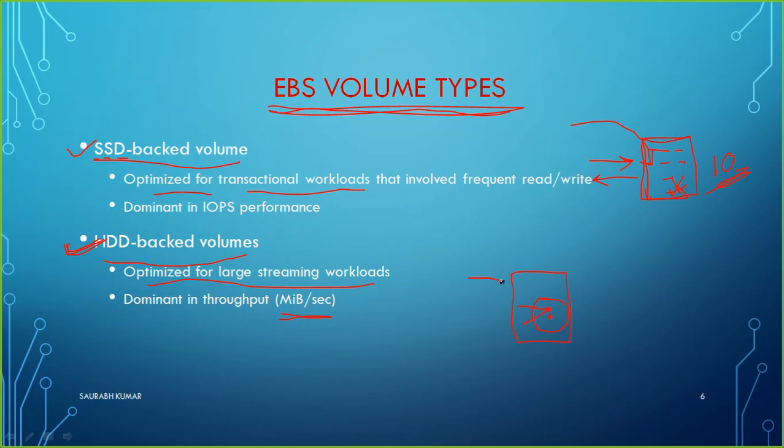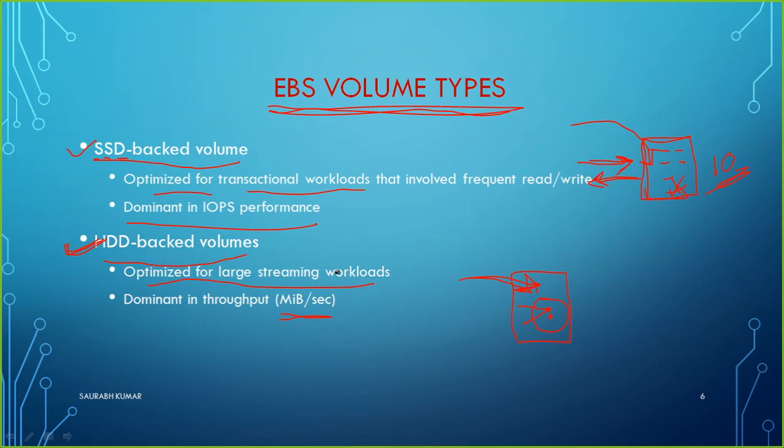If you have a large storage, large streaming workload, then you prefer the HDD one. SSD is dominant in IOPS performance, input output per second. So if you want a hard disk where the input output should be very fast, maybe you are doing analysis or something, then you will go for it. If you just want a large streaming workload, you can go for HDD backed volumes.